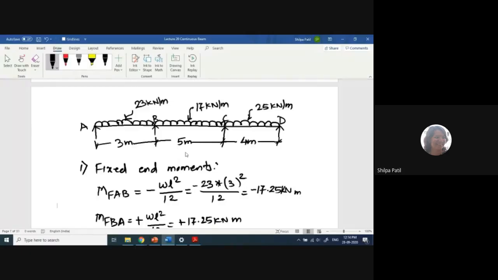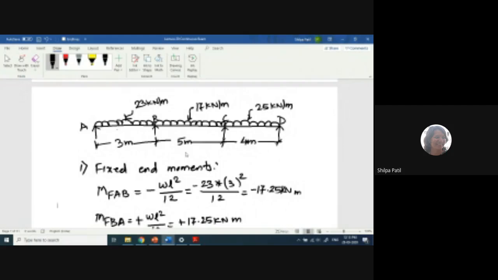If the support condition at the far end is fixed, now for BA member, the far end is A, if A is having a fixed support, then the K formula will be 4 EI upon L. And if the far end support is hinged or roller support, in this case, the value of K will be 3 EI by L. Now, in our case, for BA span, A is the far end, and the support is a simple support. It is not fixed support. So the K factor will be 3 EI by L.